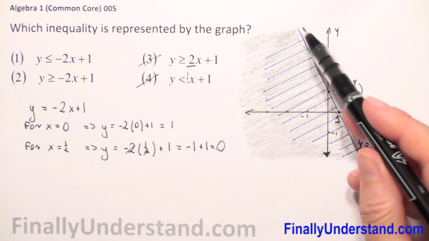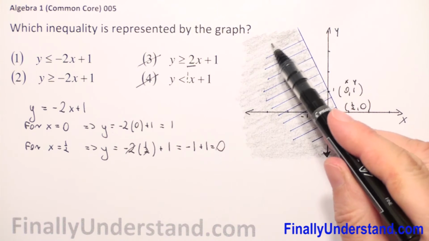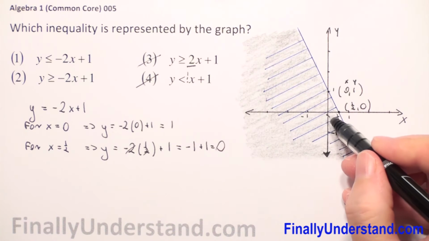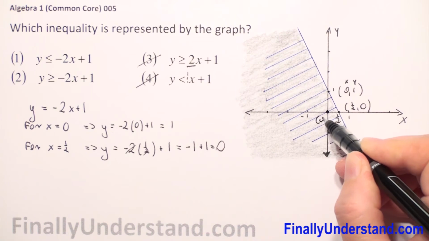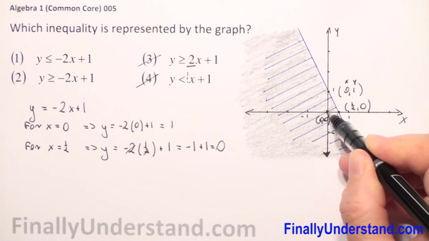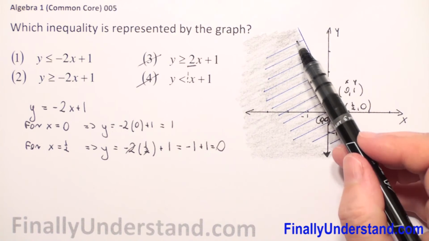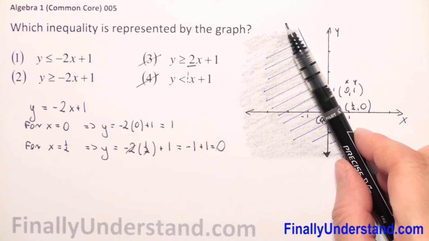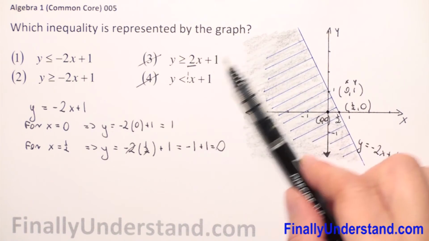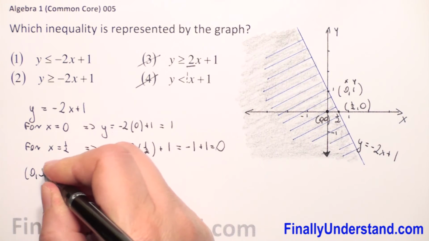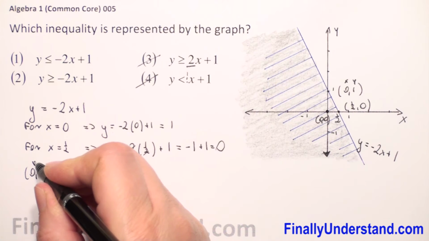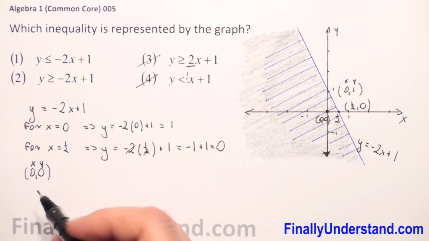So the easiest point to choose from this shaded area is point 0, 0 always. This point 0, 0 belongs to our solution because this point is in the area which is shaded. So we can choose point 0, 0. First coordinate is 0, second is 0.